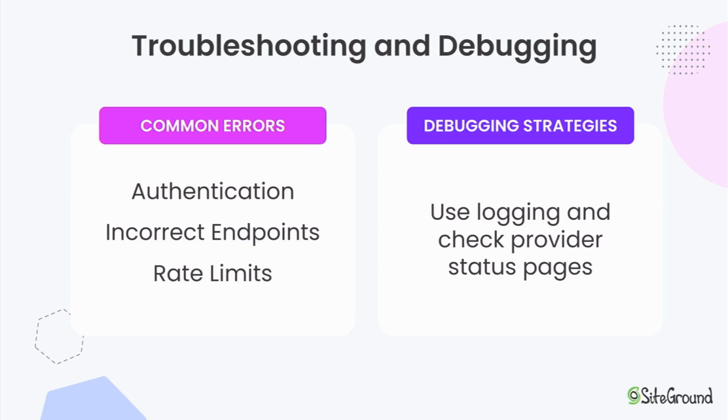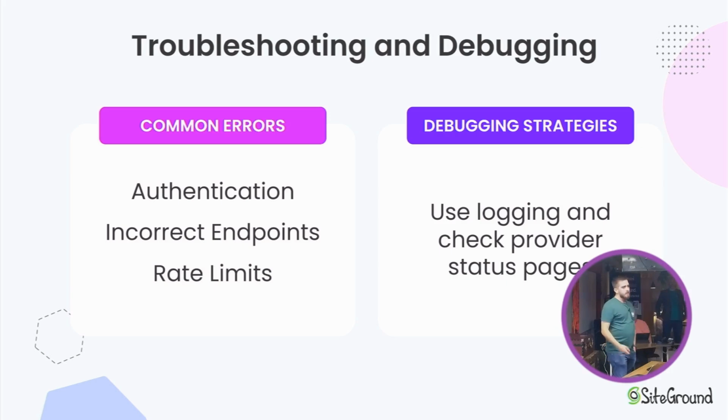Despite all of the stuff that I said, things can always go wrong, especially when dealing with services that are out of your control. So I would like to focus on common issues and debugging strategies that we have faced. One common issue that we faced is what I said earlier, authentication, as well as rate limiting. Let's say, for example, you have an API that can do 1,000 requests every 15 minutes.